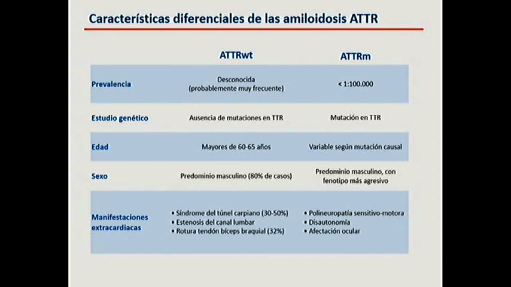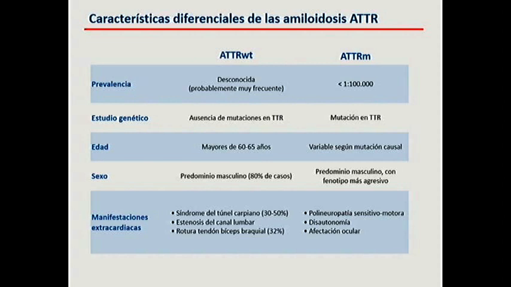And some differential characteristics. As we were saying, the prevalence is known for the wild type, but it's much more frequent than initially thought. What else would be interesting? It's predominantly male. That's very typical. It comes along with carpal tunnel syndrome. There are breakages in the biceps brachii tendon, which suggests ATTR wild type.